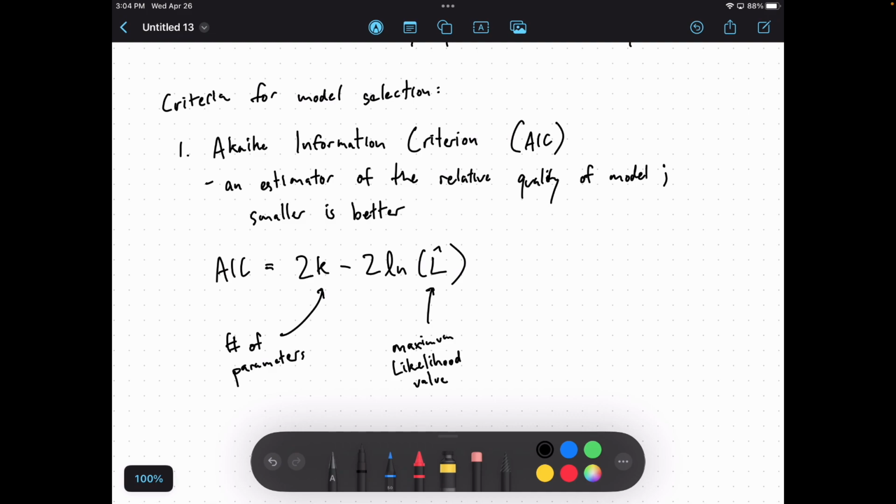But if I have more parameters, my AIC value goes up, okay? So this structure is related to our concept of model complexity and total error.